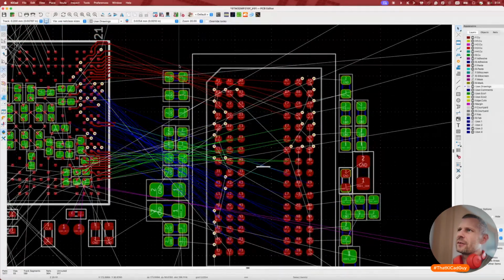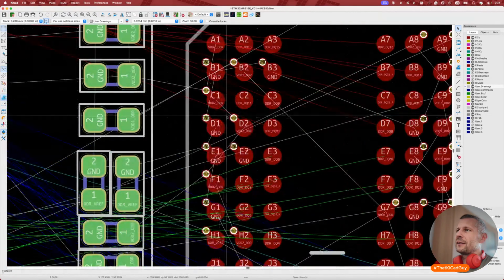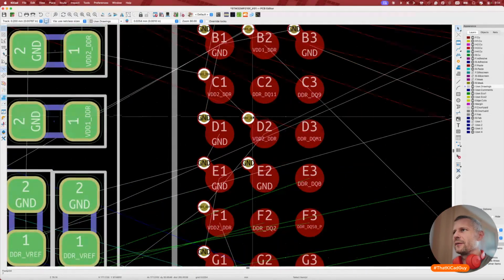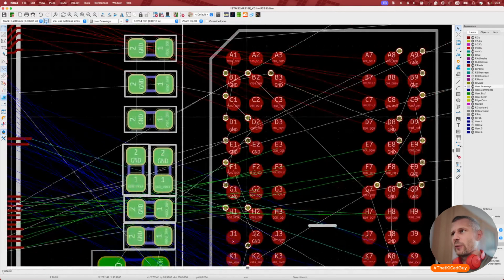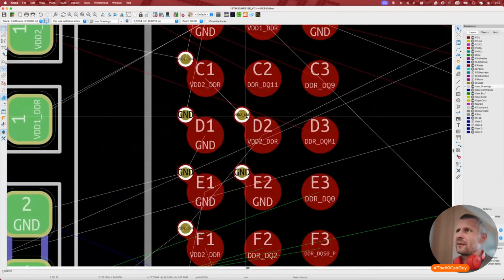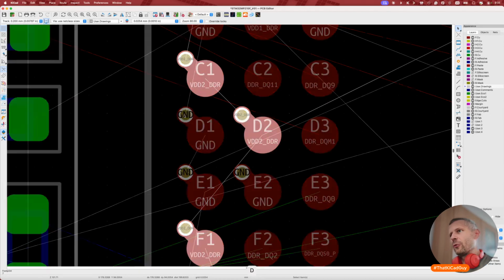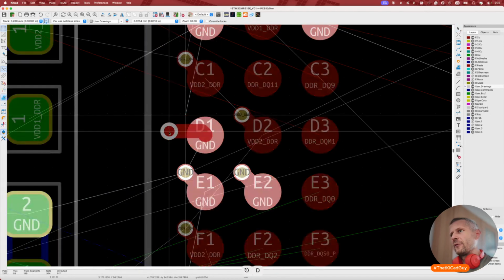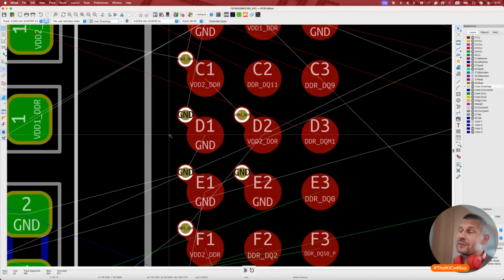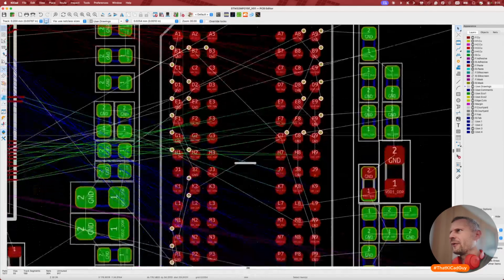So even these ones can be on top, some of them. But at least now, the ground vias will definitely be here, and the power vias, for instance, will be here as well, because I can't go with the track in between here. I don't want to find it like this. Anyway, I will continue.